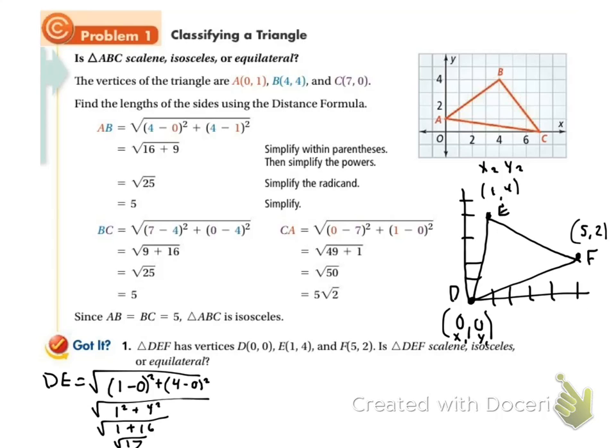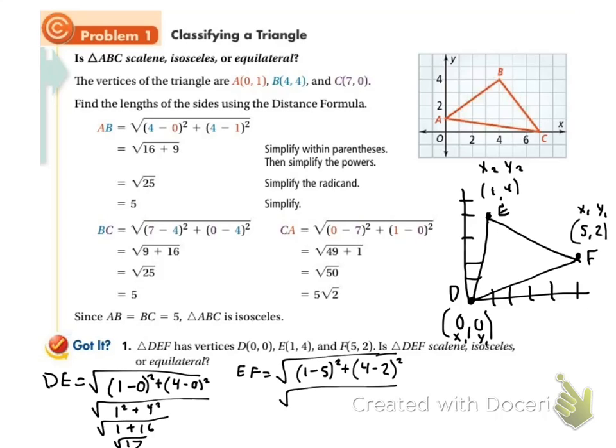So now let's do EF. So E's already labeled, we'll just keep those. I'll label this one my X1 and Y1. So, square root of my X2, which is 1, minus my X1, which is 5, squared, plus my Y2, which is 4, minus my Y1, which is 2, squared.